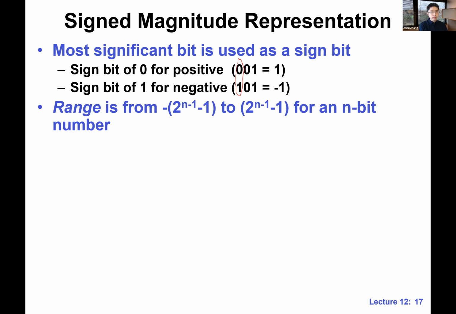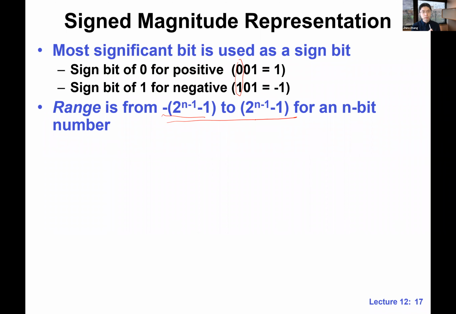But what's wrong with this format? First, the nice thing is that it is very natural. We have a symmetric range for the negative part and the non-negative part. So this is the range that we have using this kind of system for an n-bit number. But what's wrong? There's some redundancy.